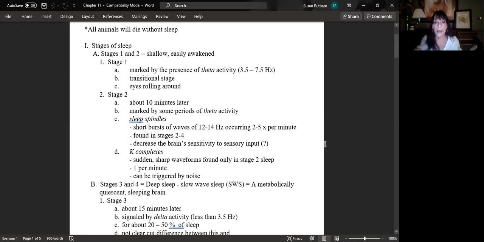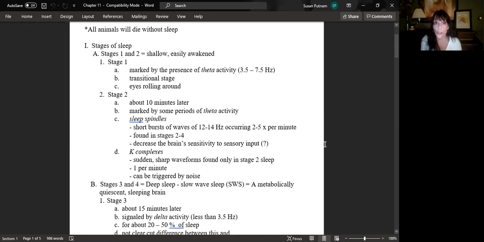But then it starts to get harder and harder, and the same sounds that might have disturbed somebody before don't seem to awaken them or bother them at all. So sleep spindles may play a role in this transition to not being so attentive or noticing sensory input.